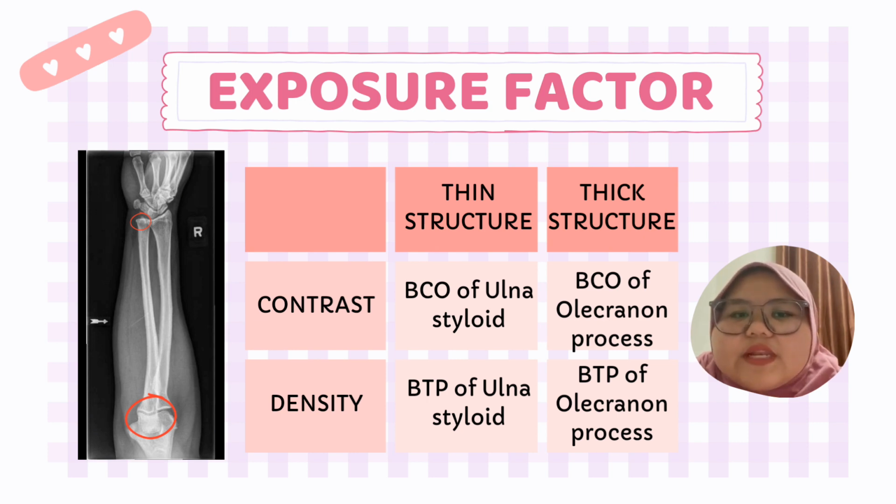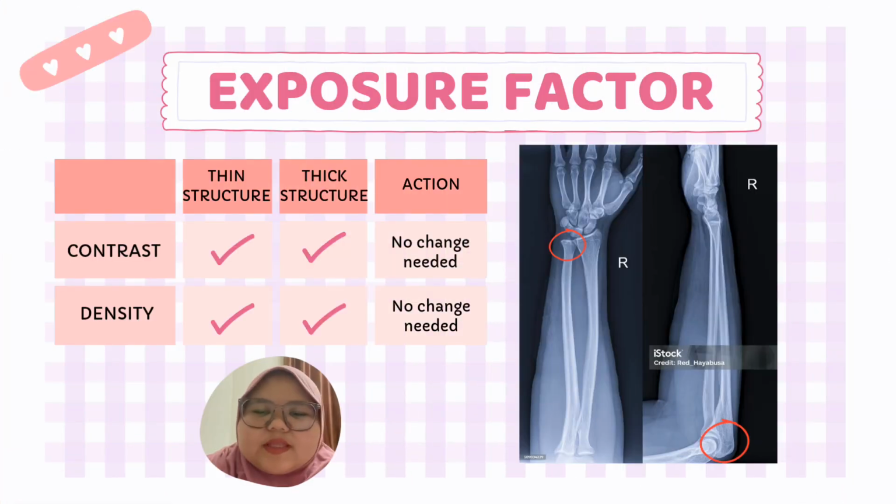Meanwhile, for density, the thin structure is the bony trabecular pattern of ulnar styloid, and the thick structure is the bony trabecular pattern of olecranon process.